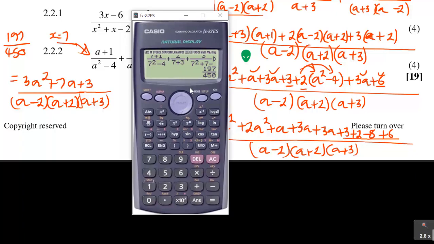Let me check again if I'm doing this right. On the previous one, this is 3 times 7 squared plus 7 times 7 plus 3 over 7 minus 2, 7 plus 2 and 7 plus 3. I'm getting that. And now what about the other one?